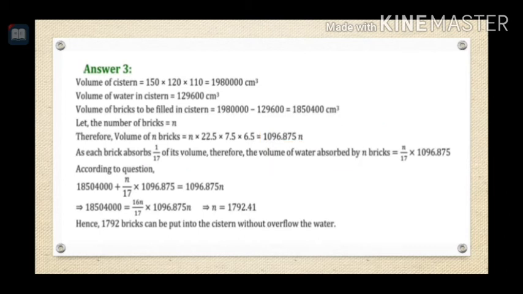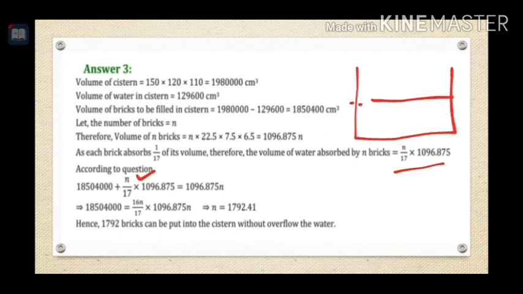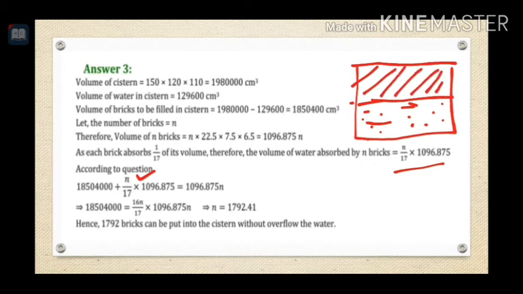Okay. Now, according to the question, suppose this is the cushion. Up to here, the water is filled. This is the empty space where you have to fill it with bricks.